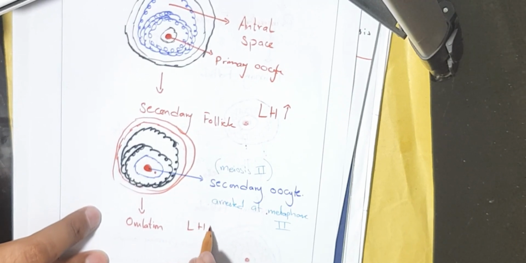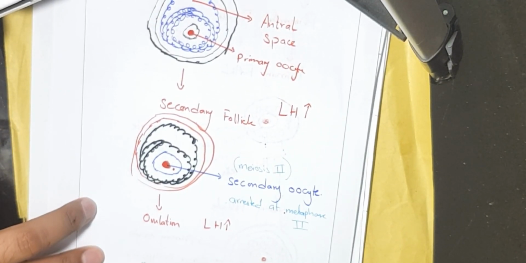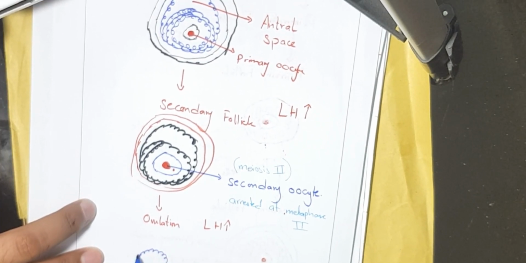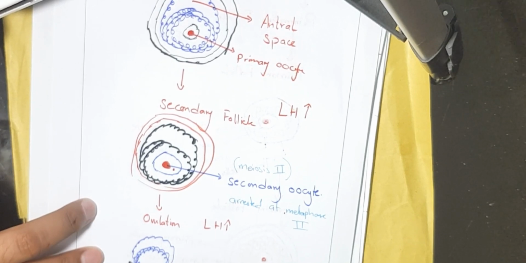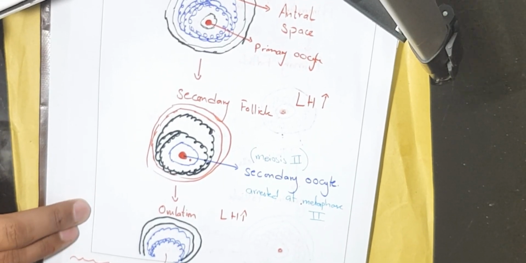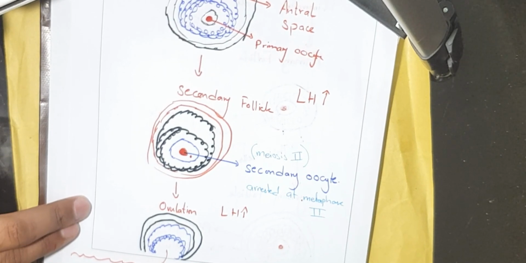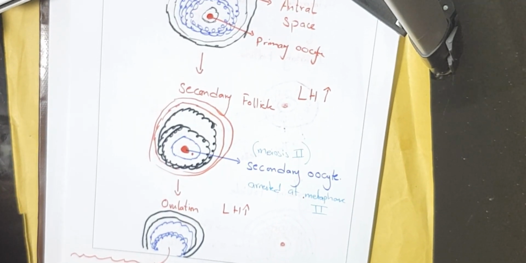And then what will happen is that this secondary follicle will be ready to ovulate when the LH surge arrives, and this secondary follicle will now try to ovulate. All of the structures will remain: the granulosa cells, the theca cells, and the thing which was in between will be released. Okay, what was in between?